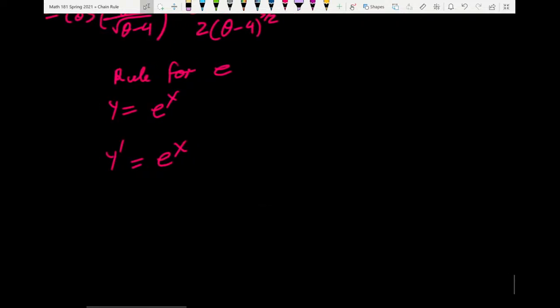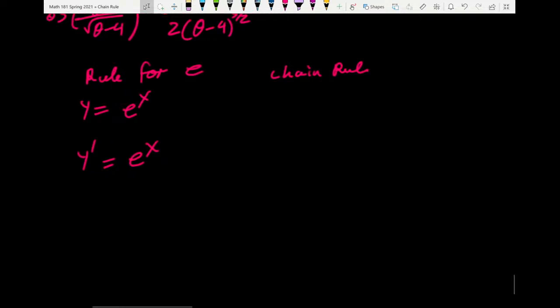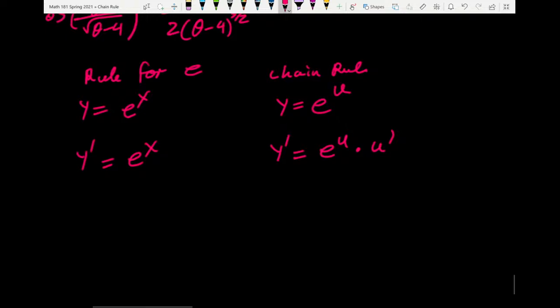Now comes the chain rule. If it's e to the, let's say, u, then y prime would be e to the u times u prime. Okay? So that's the chain rule right over here.